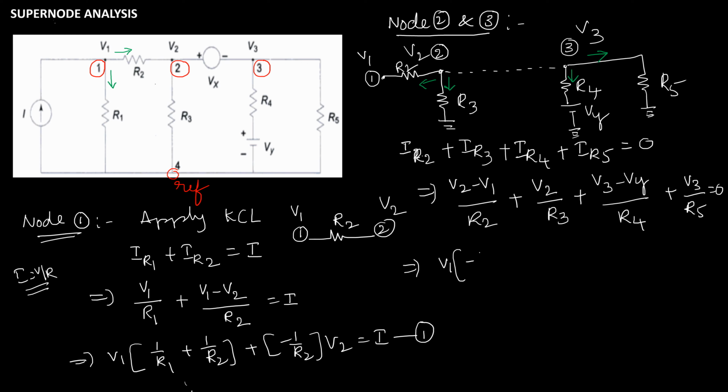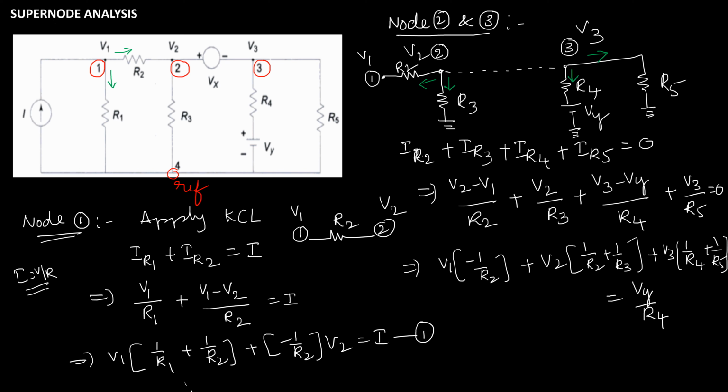So this will be minus 1 by R2 times V1, plus V2 times (1 by R2 plus 1 by R3), plus V3 times (1 by R4 plus 1 by R5), is equal to what? This minus Vy is there, no? So plus Vy by R4. That's it. So this is our second equation, right?